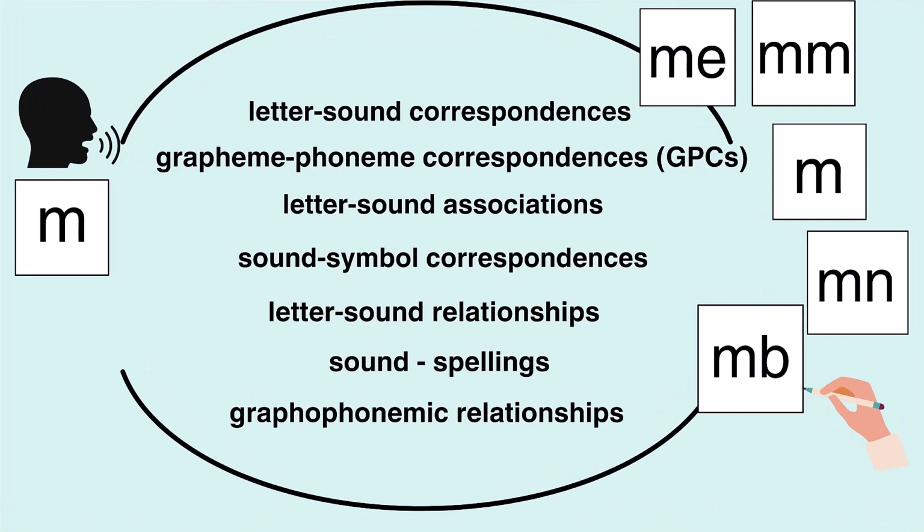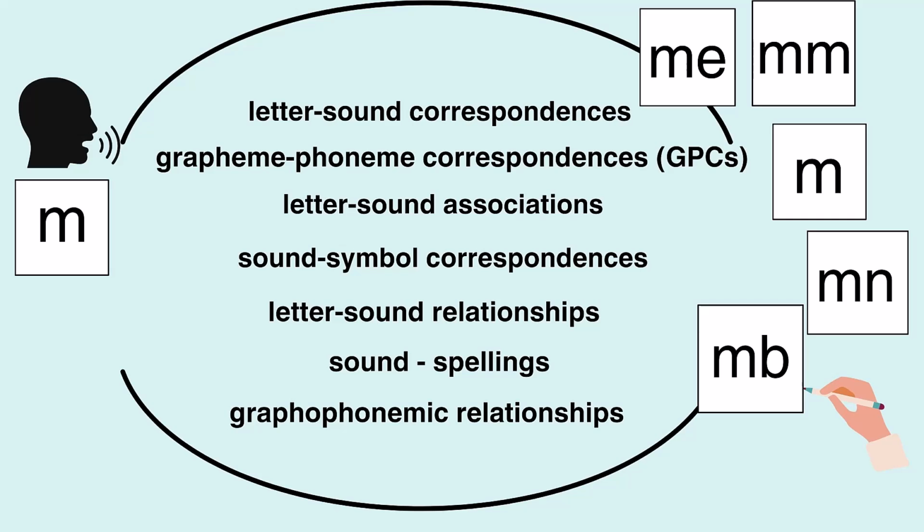Teachers of reading and publishers of phonics programs often use different terms to describe the relationships between letters and sounds. For example, letter-sound correspondences, grapheme-phoneme correspondences, or GPCs, letter-sound associations, sound-symbol correspondences, letter-sound relationships, sound spellings, graphophonemic relationships.